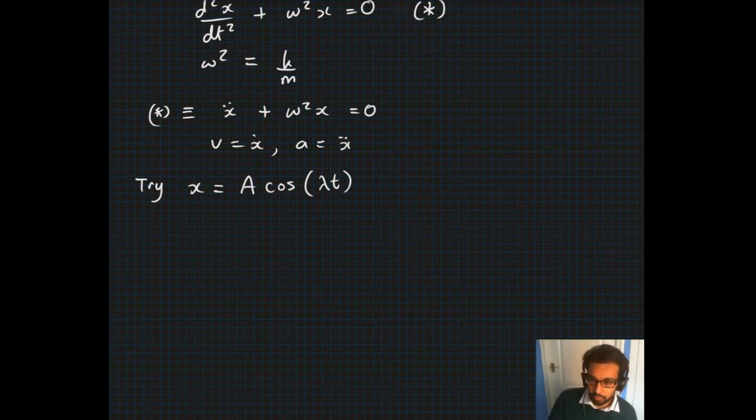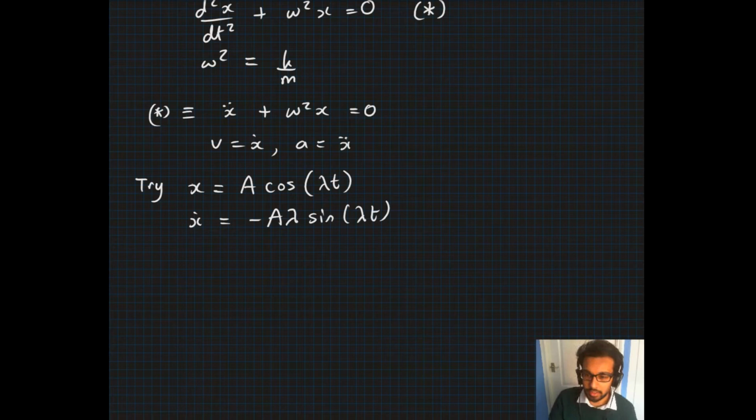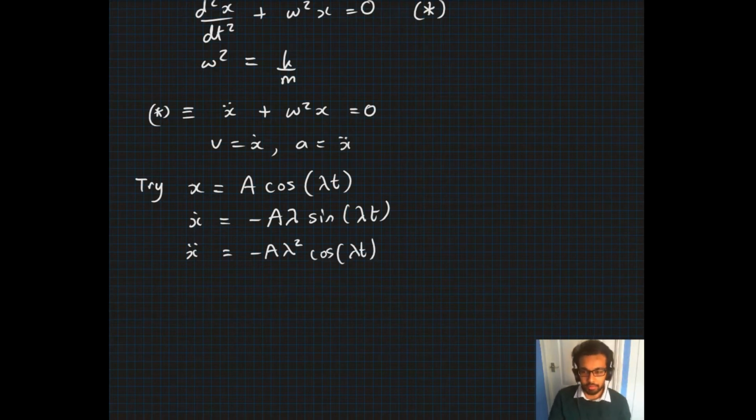If we try this, we find that x dot equals minus a lambda times sine of lambda t, and then we can find x double dot by differentiating again, which equals minus a times lambda squared times cos of lambda t. Having differentiated the cos to get a minus sign and getting an extra factor of lambda out the front, and differentiating again to turn the sine back into a cos, and then getting another factor of lambda to get the lambda squared.